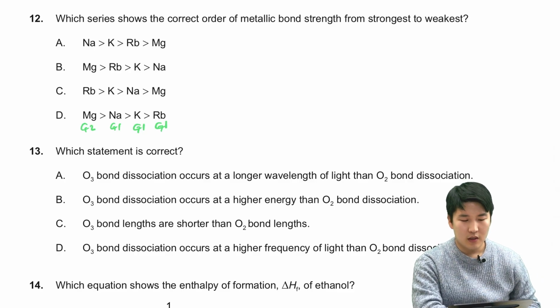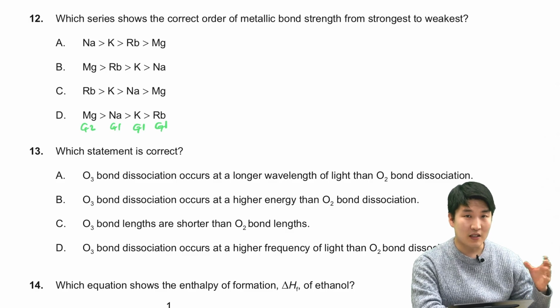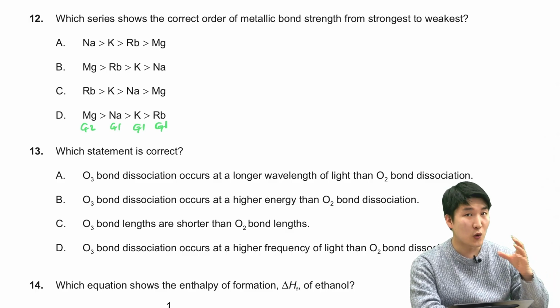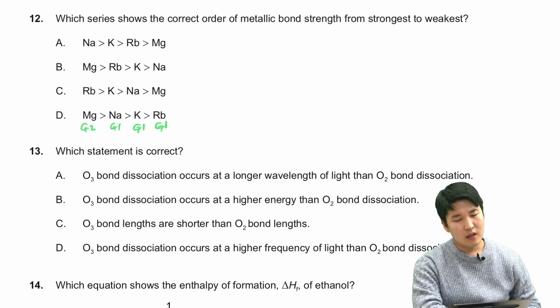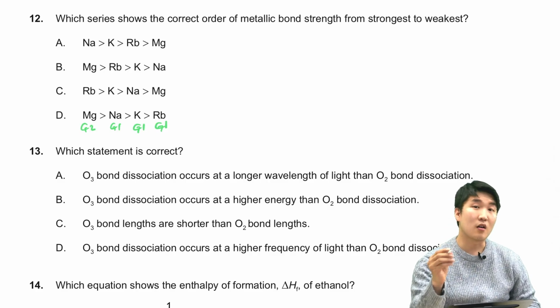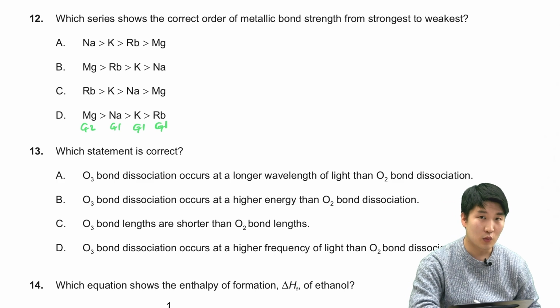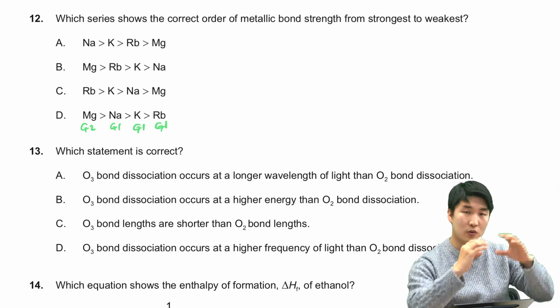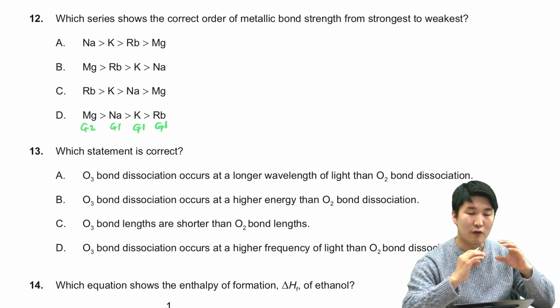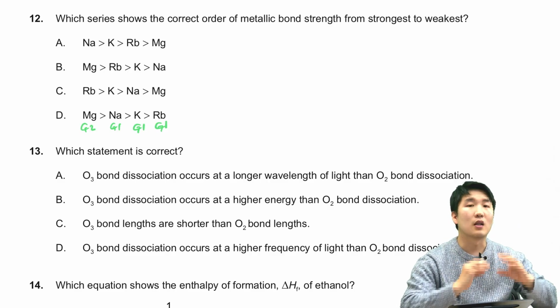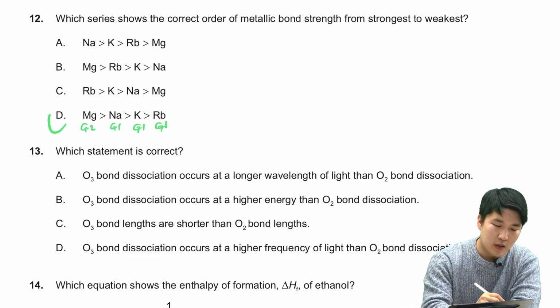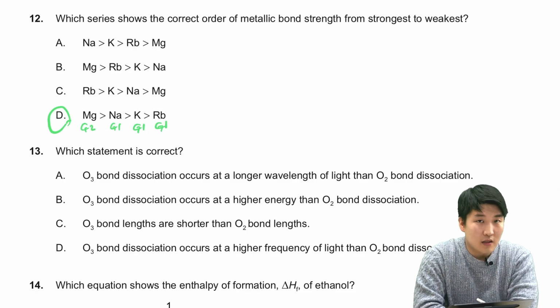So we want the list to start off with magnesium, followed by sodium, and then followed by potassium because potassium is bigger than sodium. Potassium is below sodium, and rubidium in turn below potassium, which makes option D the correct list.